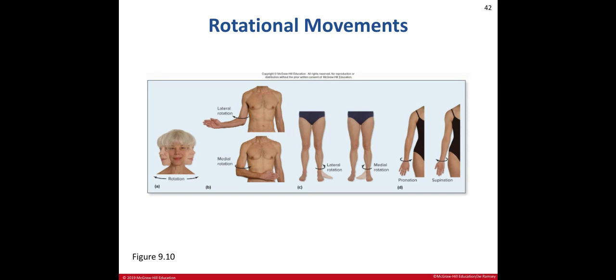Same with your legs. You can rotate inwards, and then that would be medially, or outwards, and that is laterally. Pronation is when you're sort of spinning the hand so that it is going to face posteriorly. Supination is rotating it so it faces anteriorly.